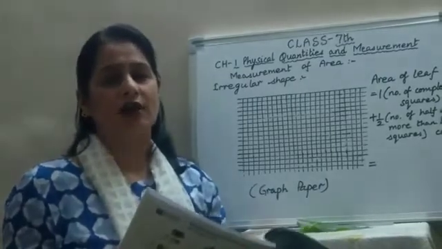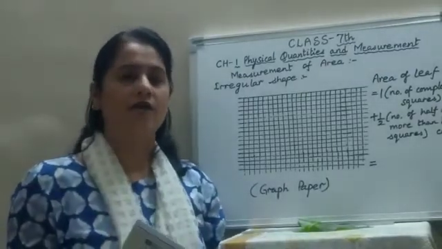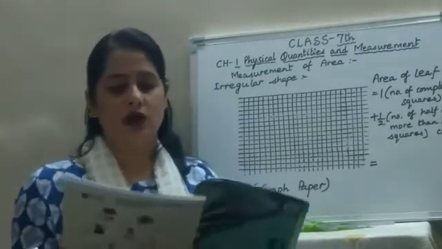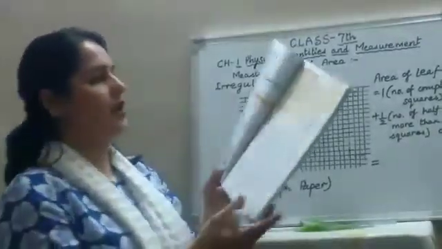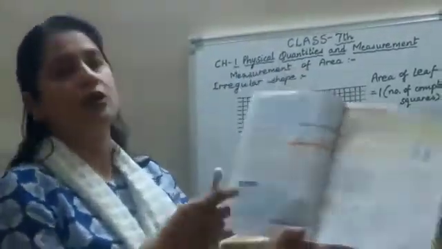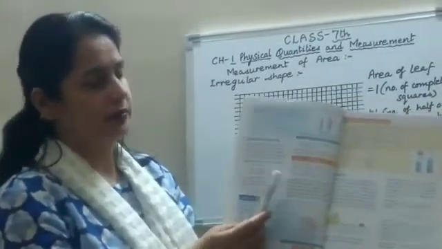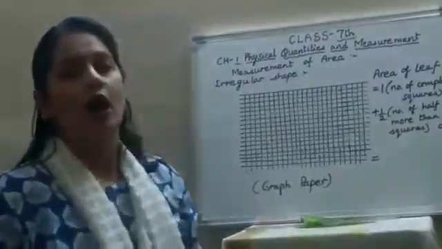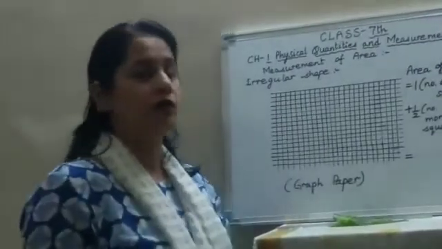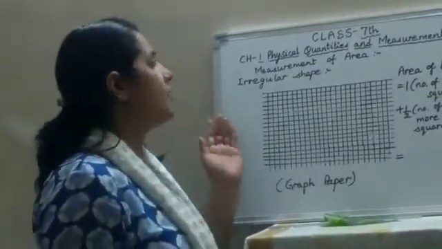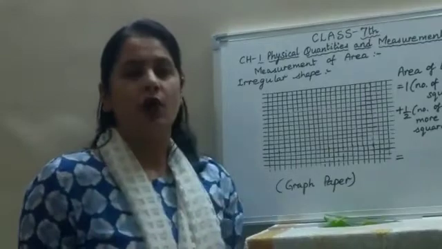And the area of a triangle is given by half into base into height. Children, these formulae are given on page number 14 of your book in this table. So, learn this table. Now, I want to tell you how you will find the area of irregular shaped bodies.